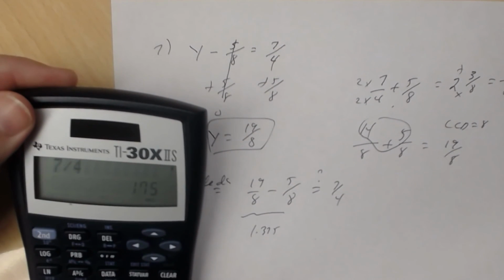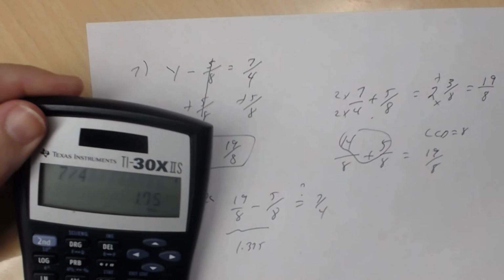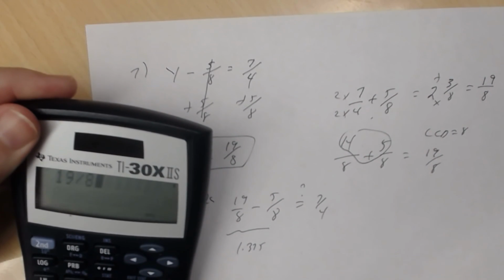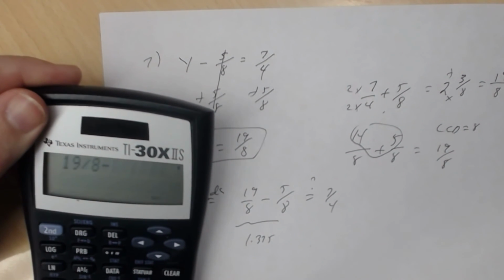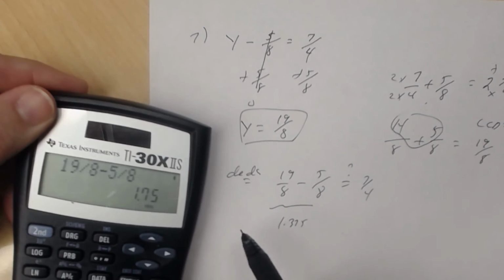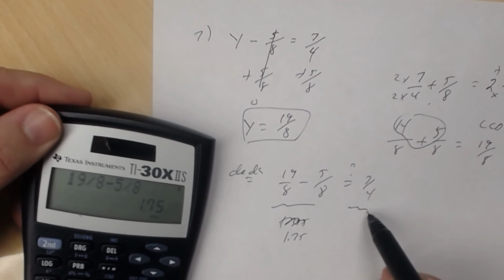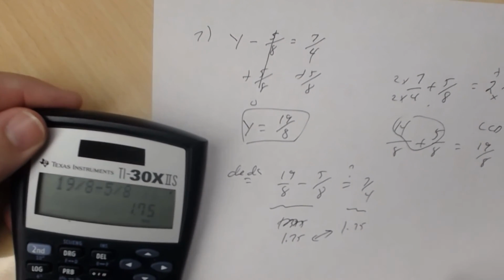So let me do this again, because notice this says 1.75, so something's wrong. 19 divided by 8 minus 5 divided by 8 equal, okay, I'm not sure what I did, but that's 1.75. And this is also 1.75, and so they're equal.